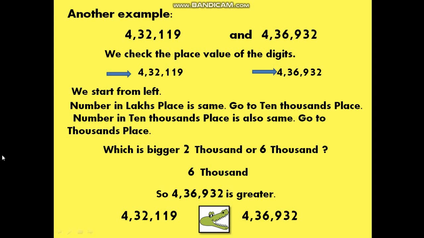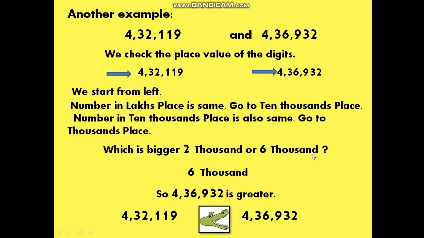Here the digit at 10,000s place is 3. Here also it is 3. Again both are same. Now we will go to thousands place. The digit is 2, the value becomes 2000. Here the digit is 6, the value is 6000.